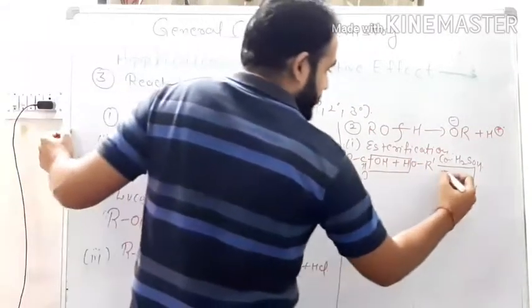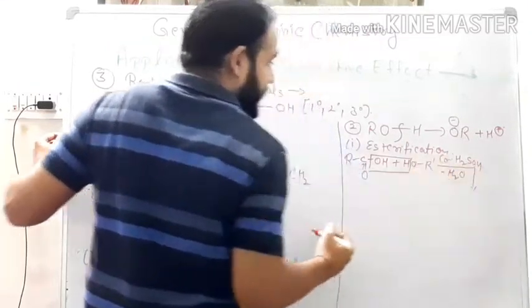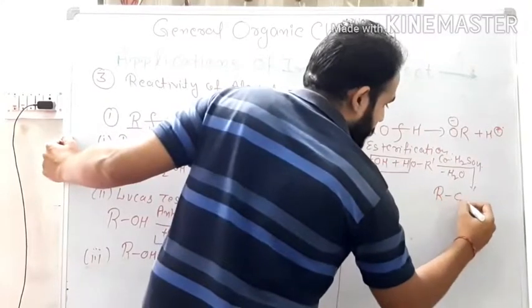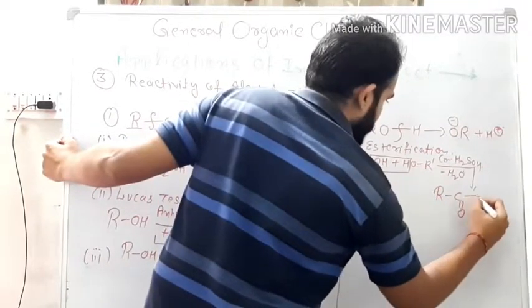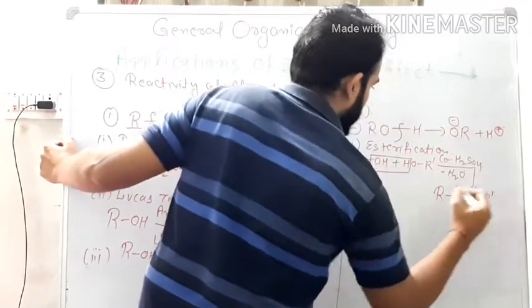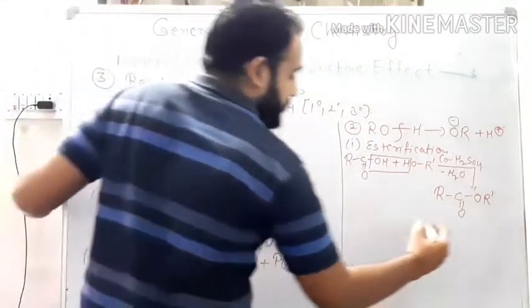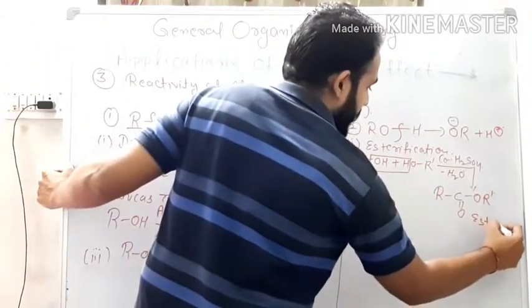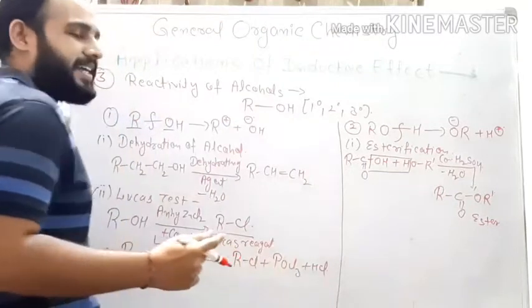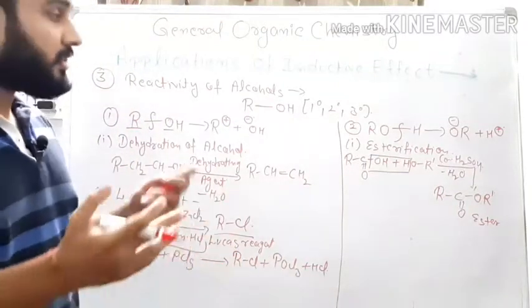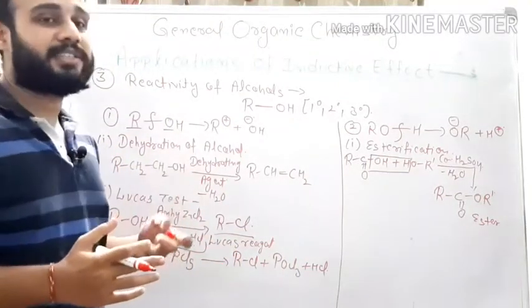Okay, and removal of H2O occurs, and by this process the formation of ester occurs. This is your ester, and concentrated H2SO4 will act as your dehydrating agent. It is a very good dehydrating agent, that is concentrated H2SO4.